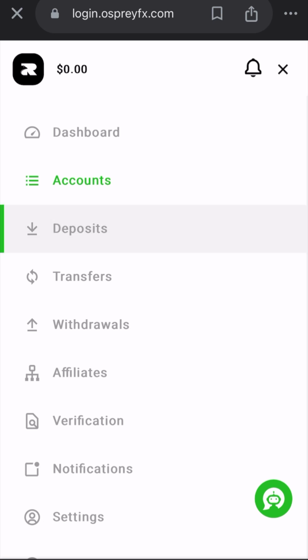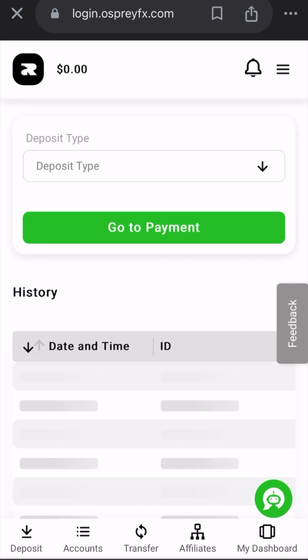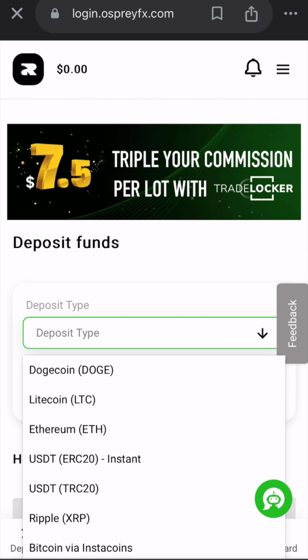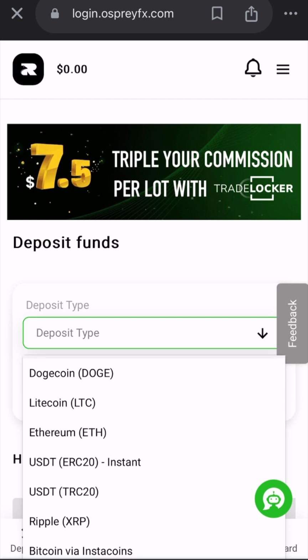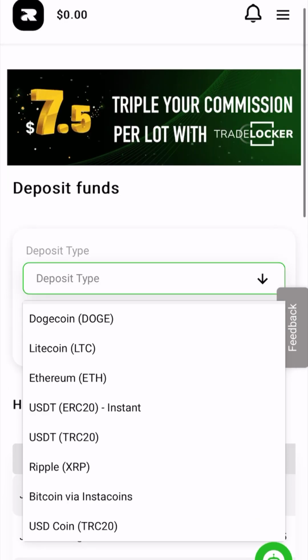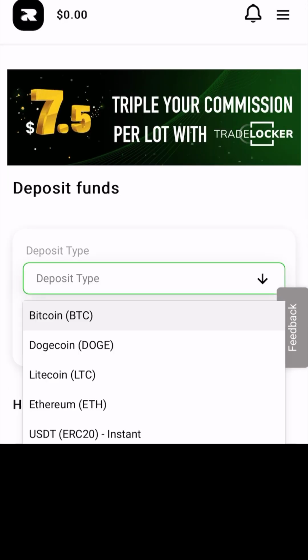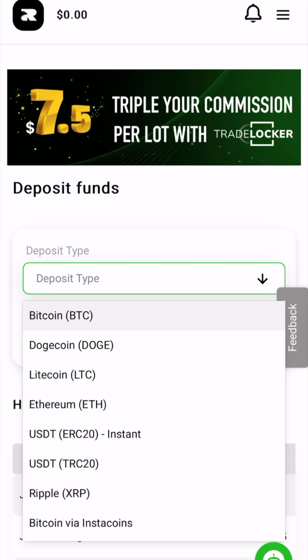Now, once you want to put money in here, you go to deposit. You can put in Bitcoin, Dogecoin, Litecoin, Ethereum. And basically, if you buy crypto, you can send it to here. What I do when I'm sending here, I usually buy Litecoin or Ripple, and then I send it here, usually Litecoin.